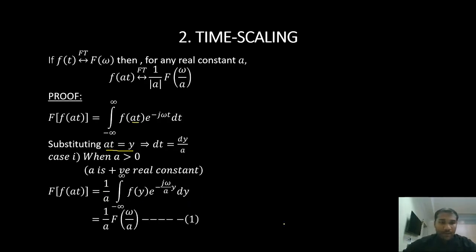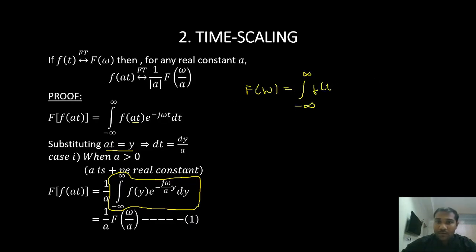Then what is this whole thing? What is F(ω)? F(ω) is equal to the integral from minus infinity to plus infinity of f(t) e^(-jωt) dt.